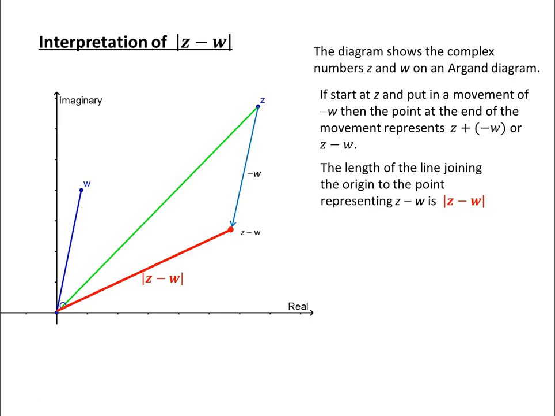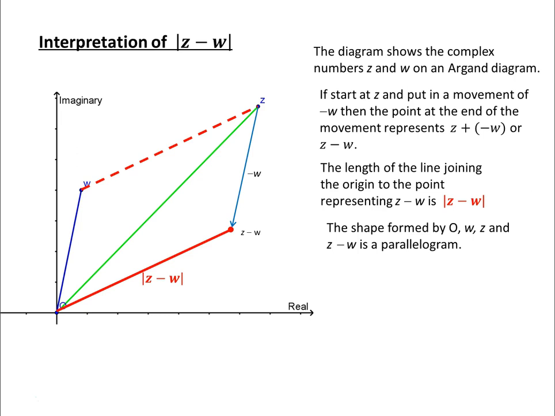However, if we look at the quadrilateral formed by the origin, w, z, and z minus w, we know that the two blue sides are both parallel and equal in length. So the quadrilateral must be a parallelogram. And if it's a parallelogram, that certainly means that the two red sides must be equal in length.